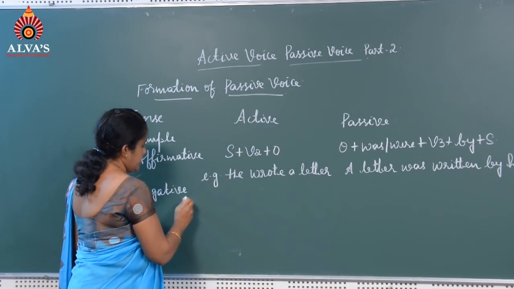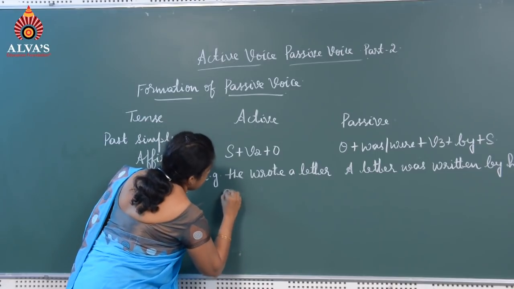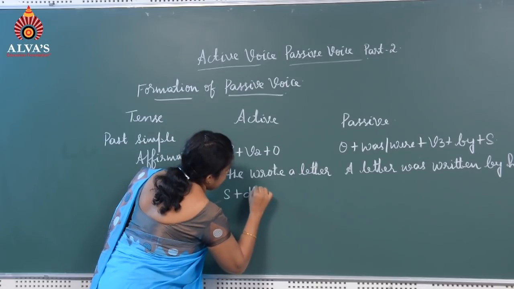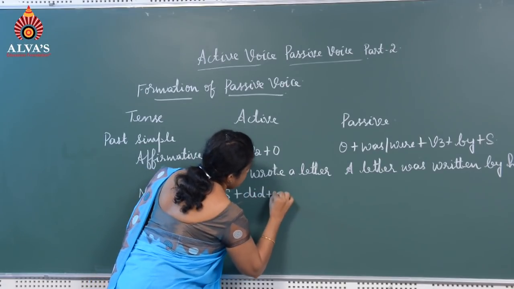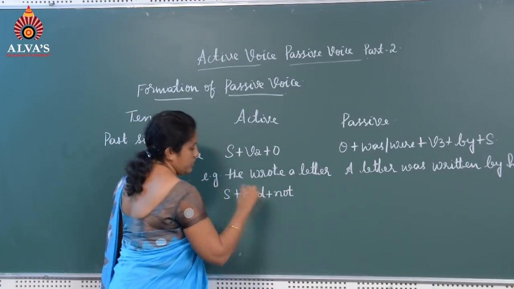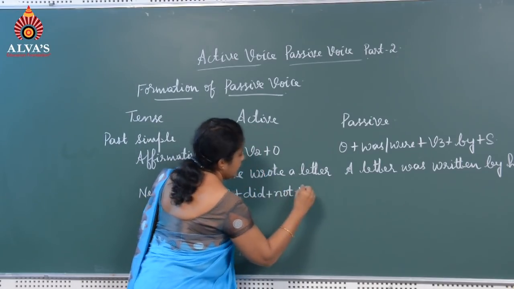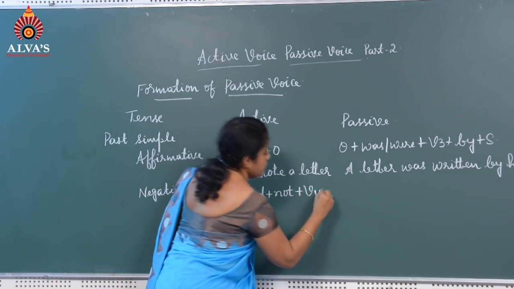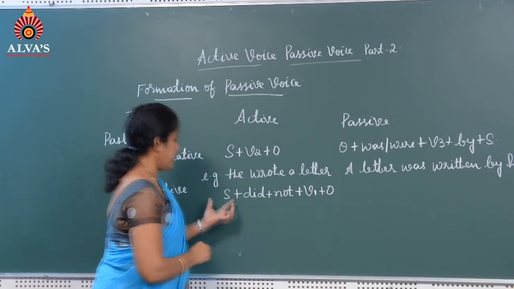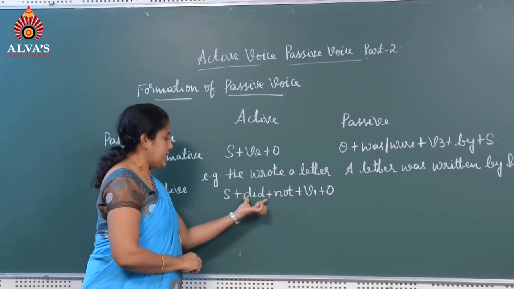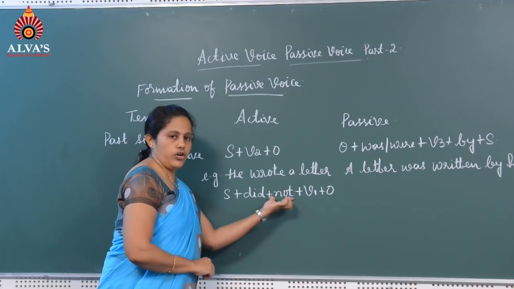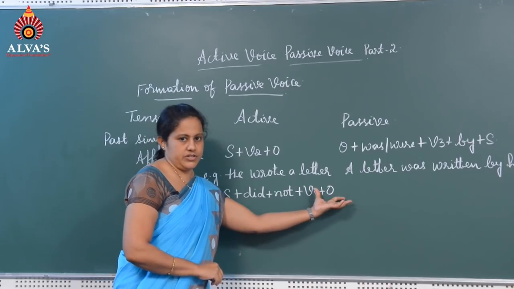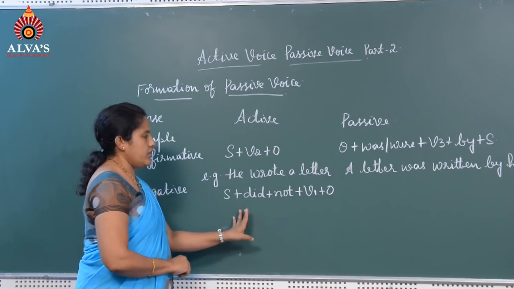The formula is subject plus did plus not plus first form of the verb, that is V1, plus object. Subject plus did plus not plus first form of the verb plus object. So, that is active voice.